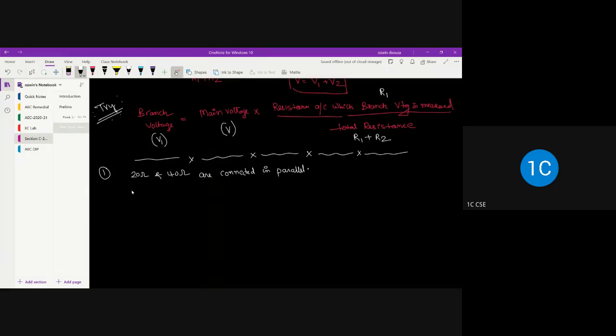A resistance of 10 ohm is connected in series with this combination. A voltage of 200 volt is applied across the circuit.